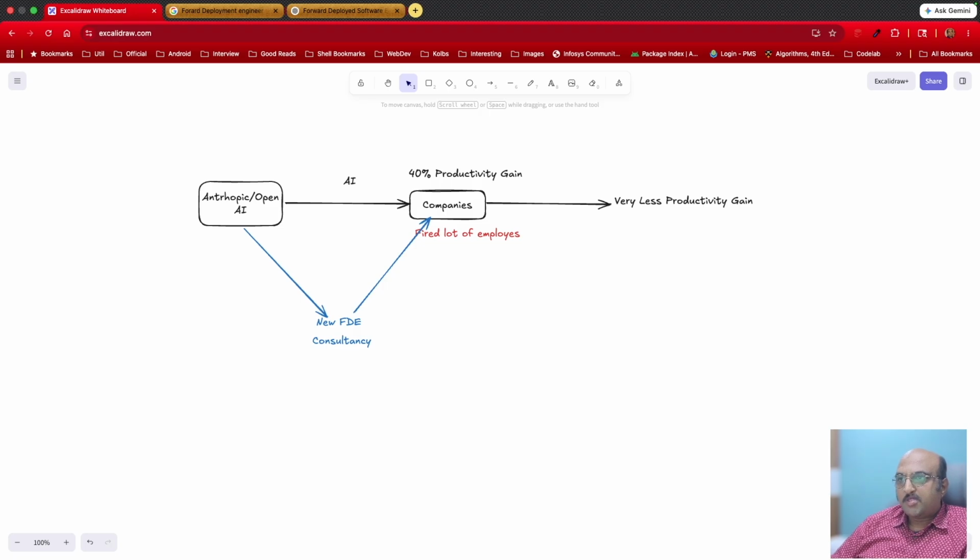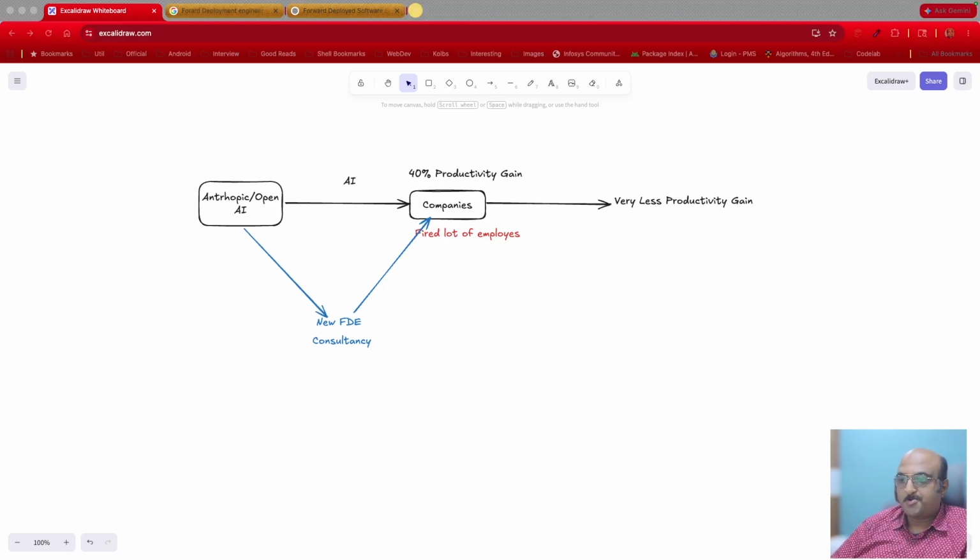FDE, even though the word looks pretty new, is not really new. Something like this has always existed. It used to be called consulting or IT consulting services. Now it is just an IT consulting service coming from these LLM providers. That is what it is at the end of the day.